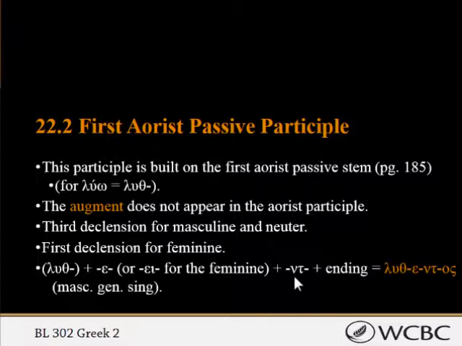The nt, which would be the normal sign of the participle. And then the ending, which again would be the third declension for masculine and neuter, and first declension for feminine. So the word here, luthentos, would be a first aorist passive participle. It would be masculine genitive singular.